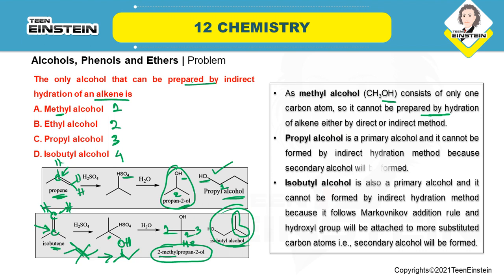Next, propyl alcohol and isobutyl alcohol we have already seen. It cannot be by indirect hydration method because a secondary alcohol will be formed, because propan-2-ol is a secondary alcohol, but this is a 1 degree alcohol. And for option D, this is also a primary alcohol, that is the alcohol that we want to prepare, it is 1 degree, but ultimately the alcohol that we are getting is 3 degree, because it follows Markovnikov's addition rule.